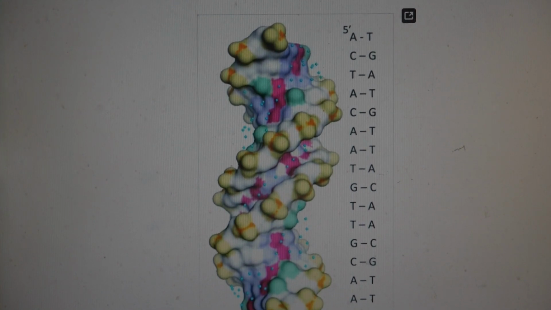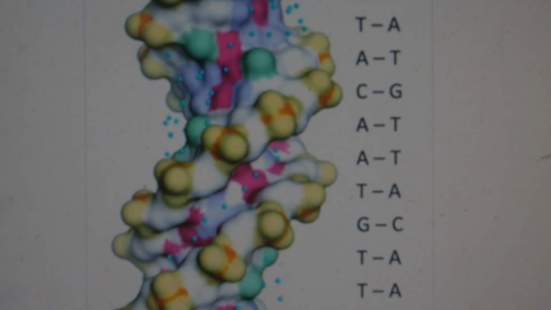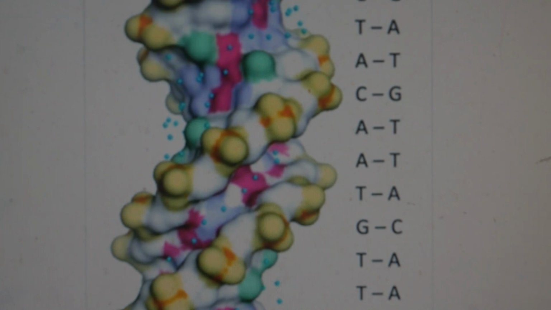So what you notice in this is, I'll zoom in a bit. So what you see here is that's the major groove. This is the minor groove. That's the major one. These little blue dots are actually the water molecules. So they fill the major groove, which has lots of apolar and polar surface patches.